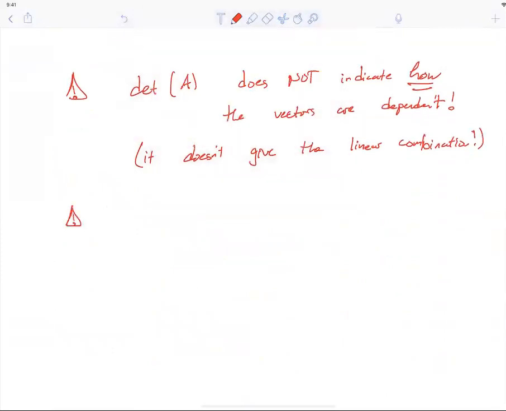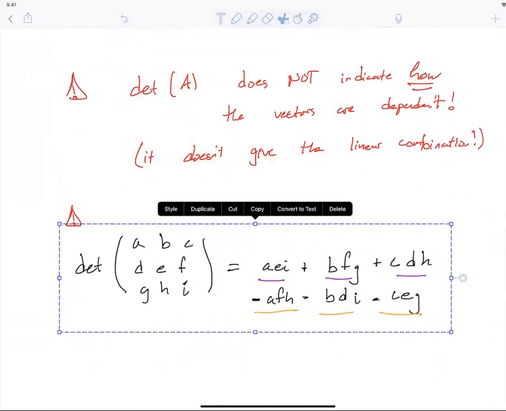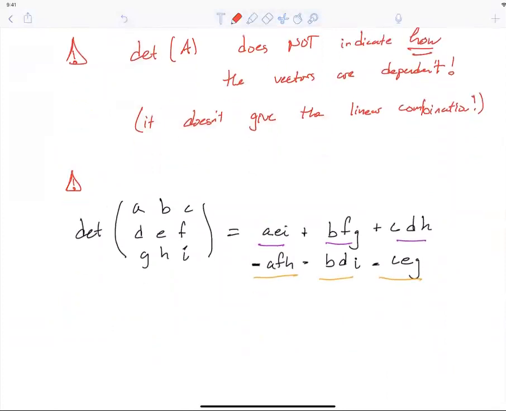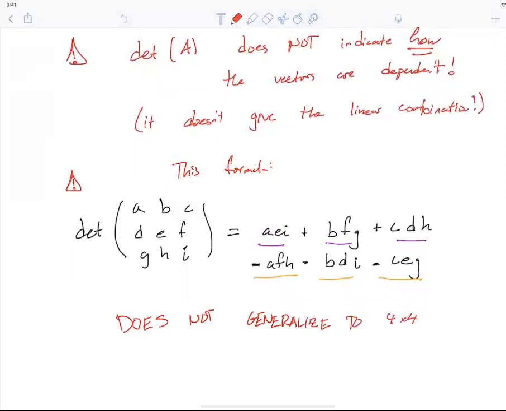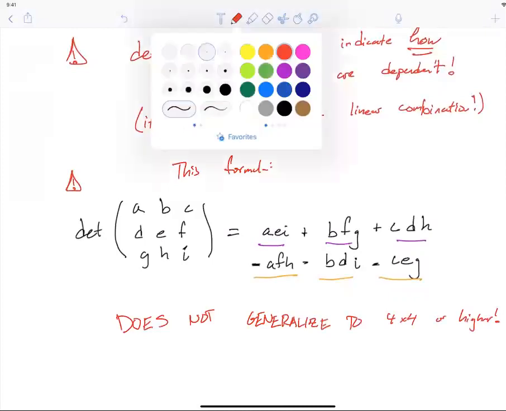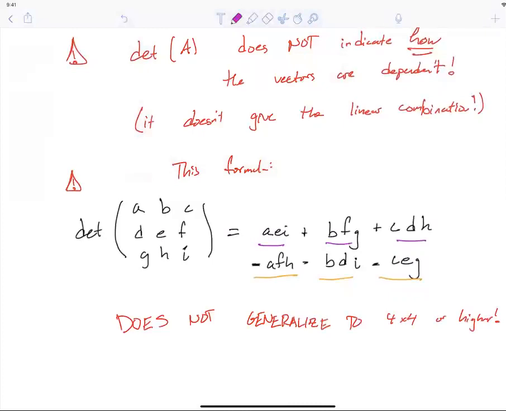You can use it, but just know that this formula right here does not generalize to 4x4 or higher. Right, we're going to be doing higher ones later, but just know that you can't just do these nice simple diagonals for 4x4. You have to do more than that.